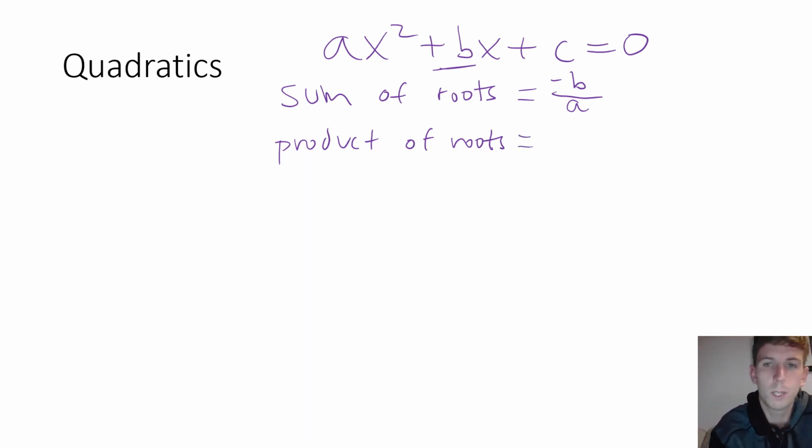The product, because this is an even degree polynomial, is going to be our constant term, which is c, over our leading coefficient, which is a.